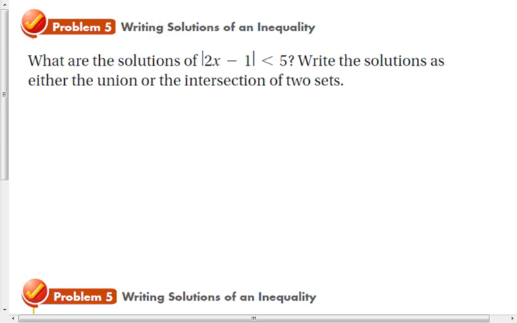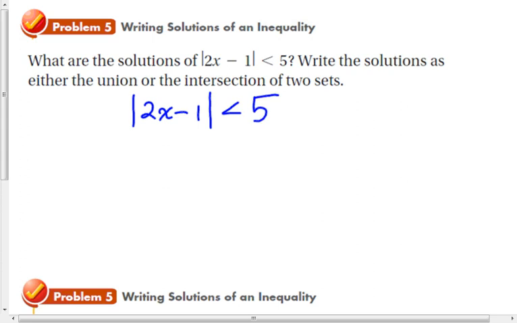All right, the last thing we're going to do is learn how to solve an inequality and write the solution as a subset, or as a union, or intersection of 2 sets. So to solve this, remember we need to isolate the absolute value, which we already have.